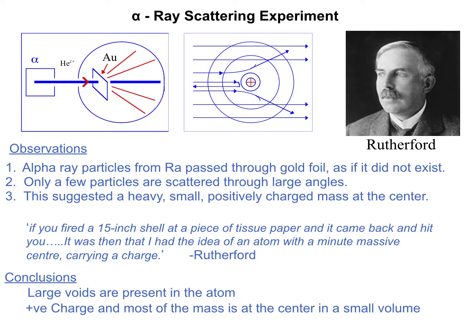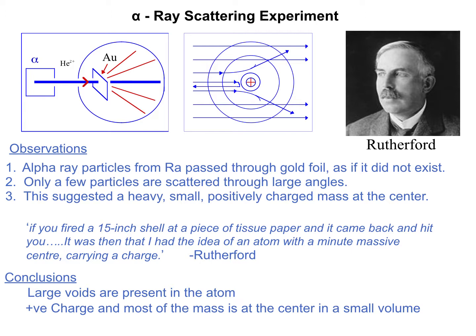And because only a few particles are reflected back, the volume of that center must be very small. From the ratio of the particles that pass through to the number that recoiled back, he was able to calculate the diameter of the nucleus to be at least 4 orders of magnitude smaller than that of the atom known at that time.